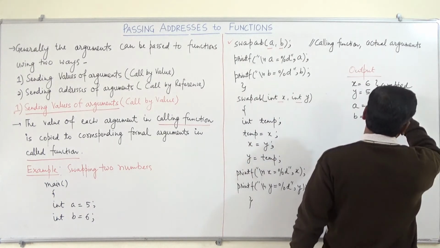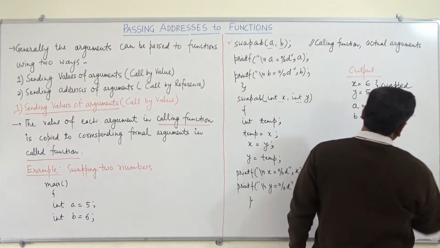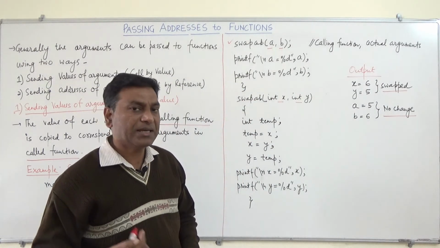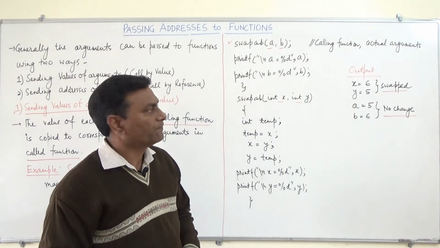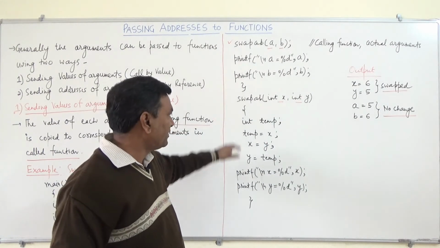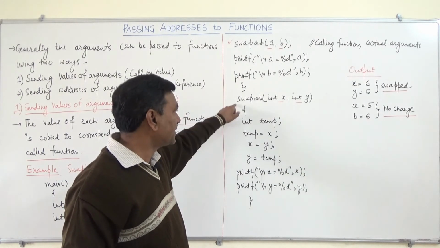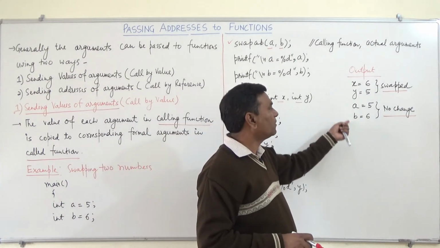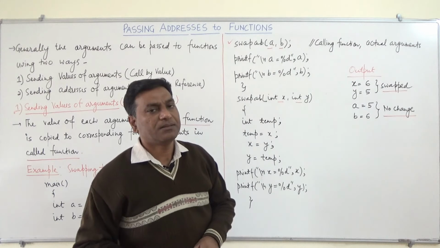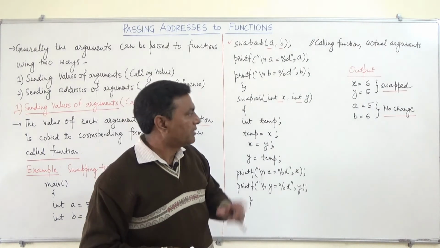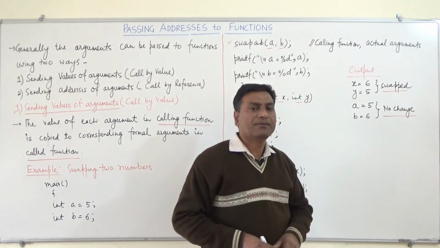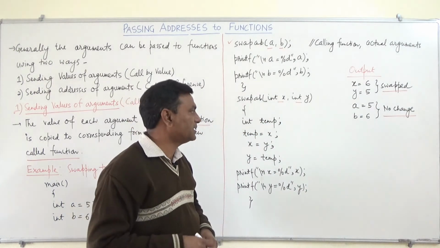So these two values are swapped, but these two values are not swapped. But in case of call by reference, if we call this function using the addresses, then there will be reflection. In that case, the values of A and B are changed, meaning there will be a swap. Then the value of A will be 6 and the value of B will be 5. That we will see later.